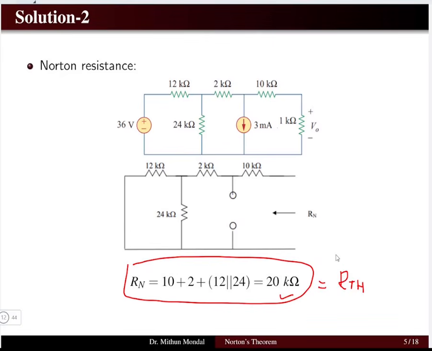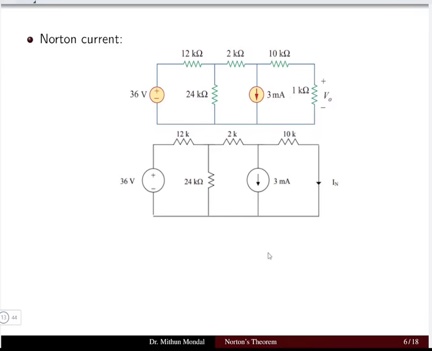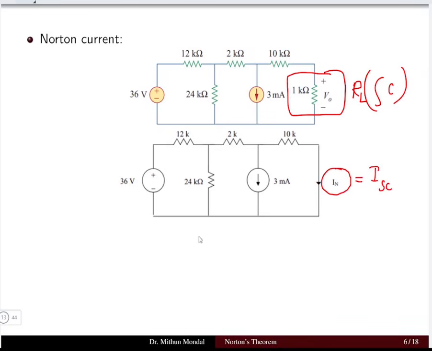Now we have to obtain I Norton. In order to obtain I Norton, the load resistor is short circuited. So RL, the load resistor, is short circuited. The short circuit current flowing here is known as the Norton current, which we need to determine, keeping the other part of the circuit as it is.